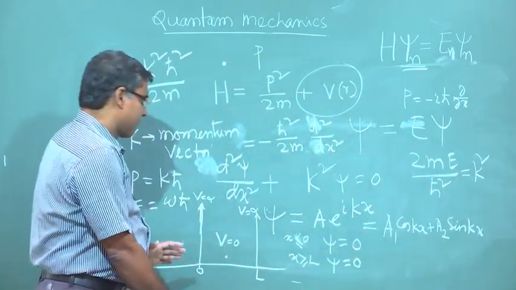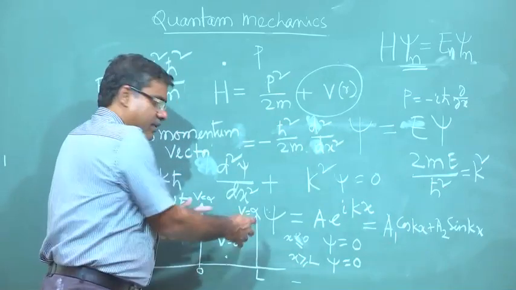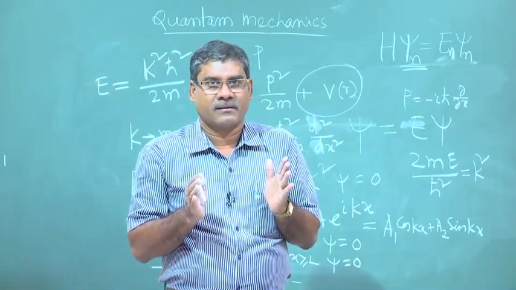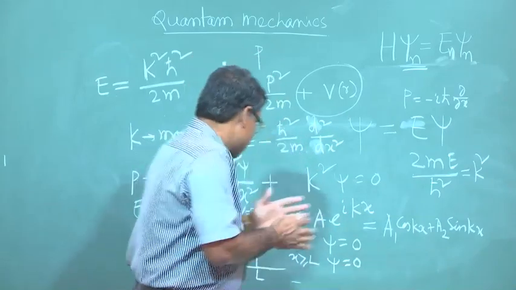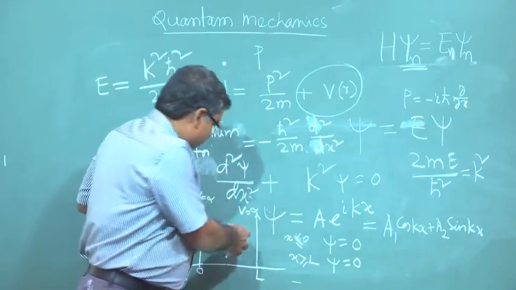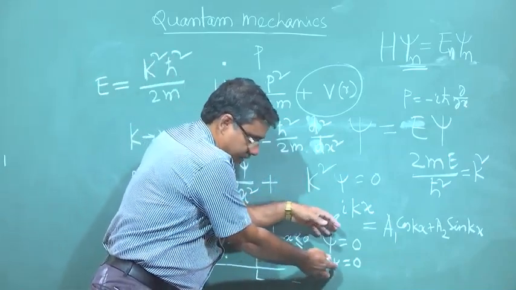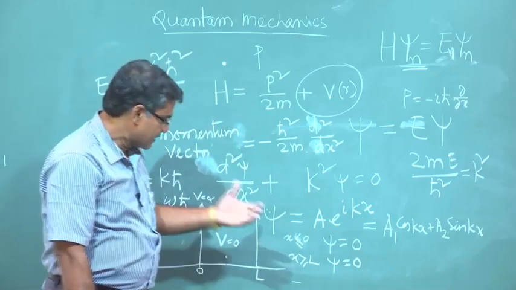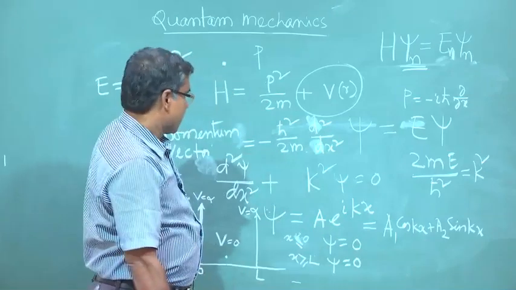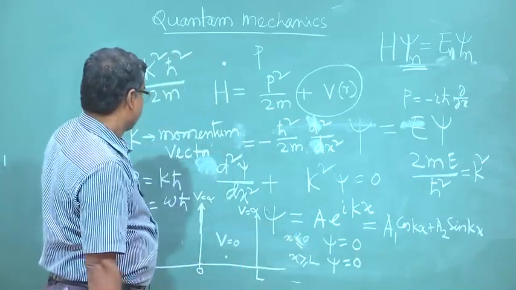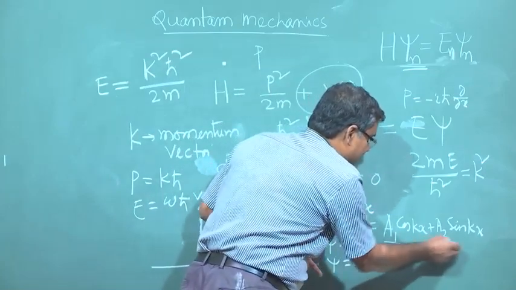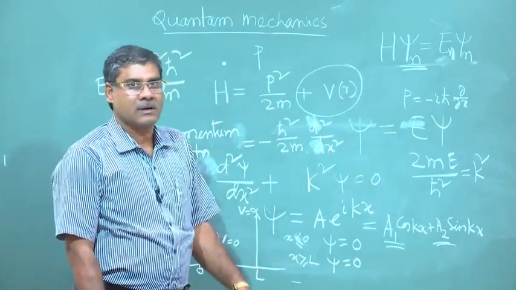Now, if we restrict this particle within this box, and outside it cannot go, then one has to put a realistic boundary condition. This is the boundary condition. This solution has two unknown constants.